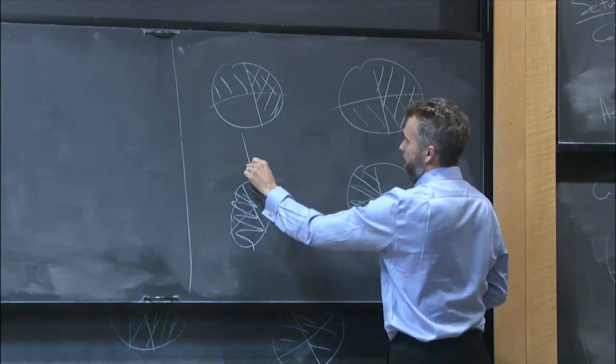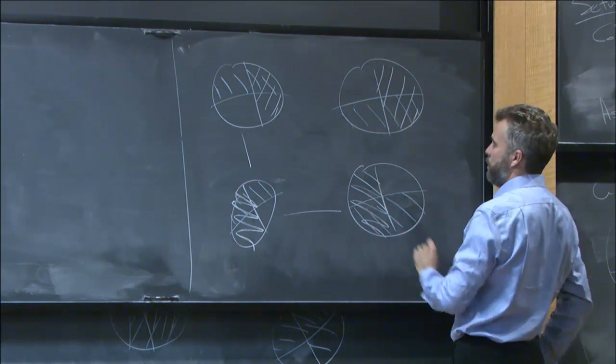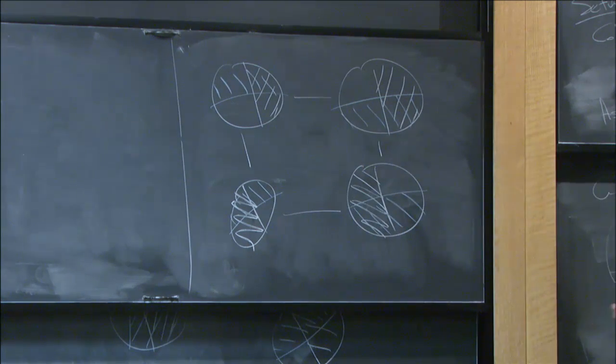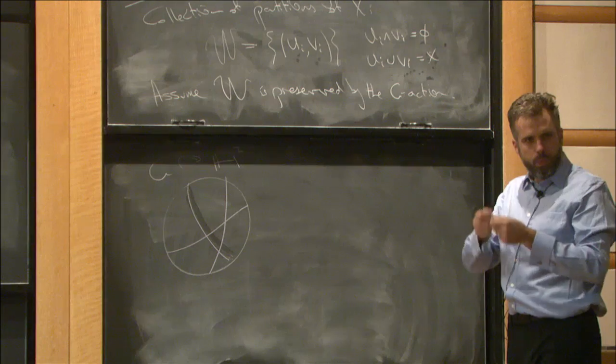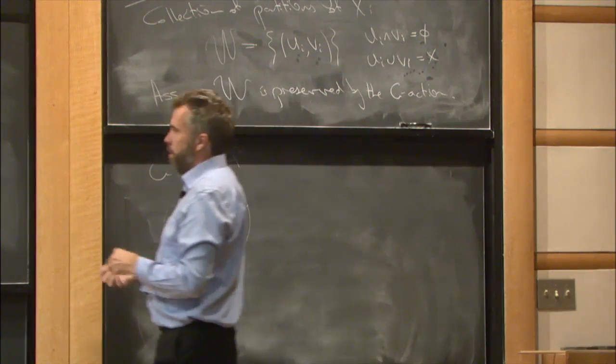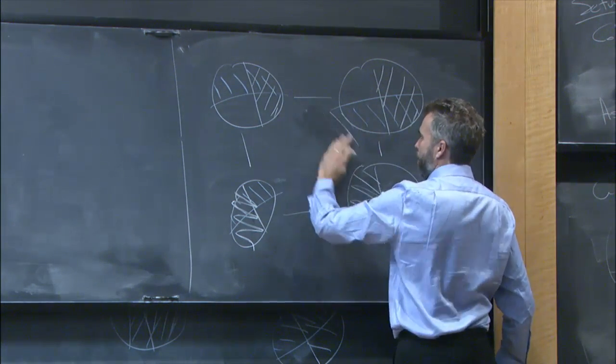I have an edge here because they differ only on the choice of white. I have an edge here, they differ only on the choice of blue. An edge here on the white, and an edge here on the blue. And I naturally get a square. I could change either one of these independently, and all 4 choices give me allowed ultrafilters. So they form the one skeleton of a square, and I glue in a square here.